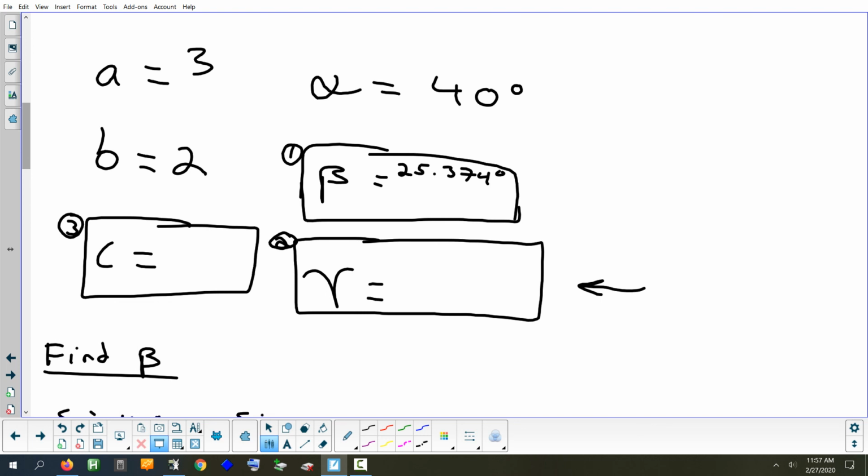And the way it's going to work is they either all have one solution, they all have 2 solutions, or they all have no solution. Okay? That's how it always works. So we know it's not no solution because I just got 25.374. So it's either they all have 1 or they all have 2.